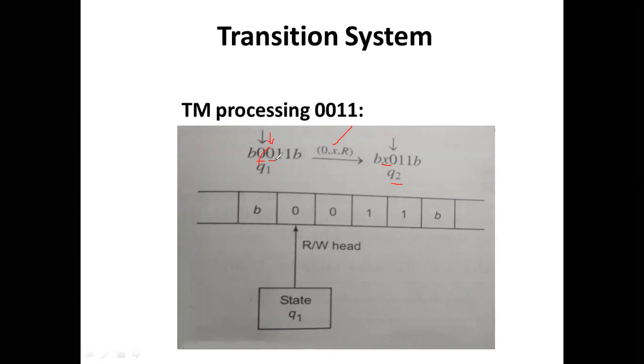The corresponding alpha is BX, that is the left hand side. Q2 is the current state, and gamma is 011B, where 0 is the current input symbol under the read write head.